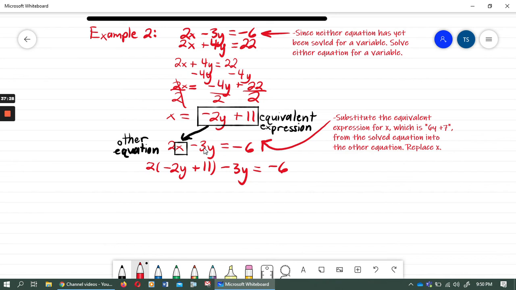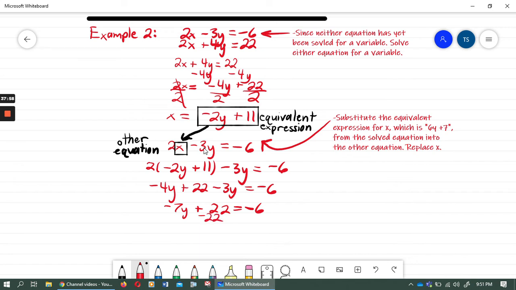All right, so when we distribute the 2, we get -4y plus 22. We're going to bring down -3y equals -6. We're going to combine our like terms, -4y and -3y. That gives us -7y, and we bring down plus 22 and the equals -6.